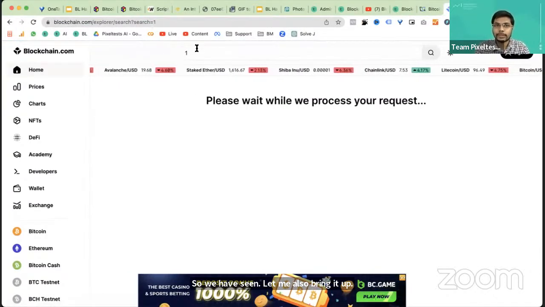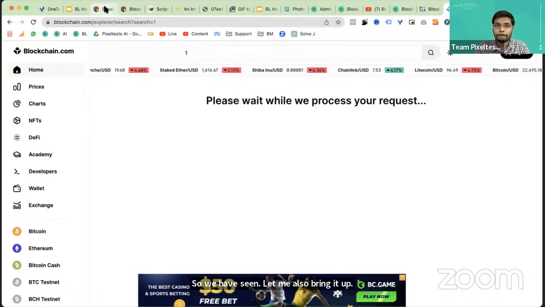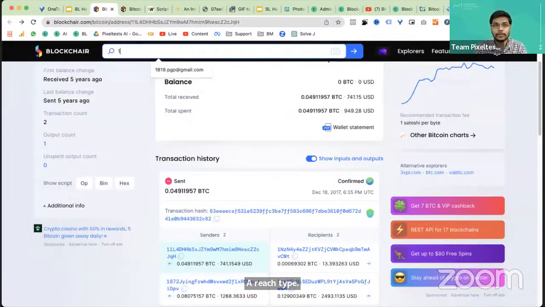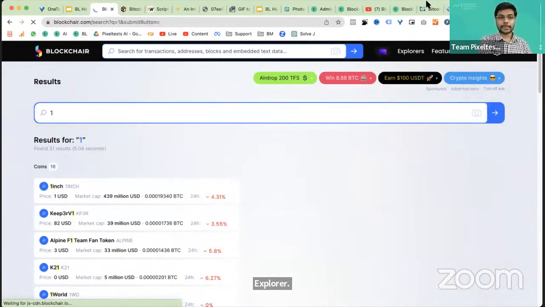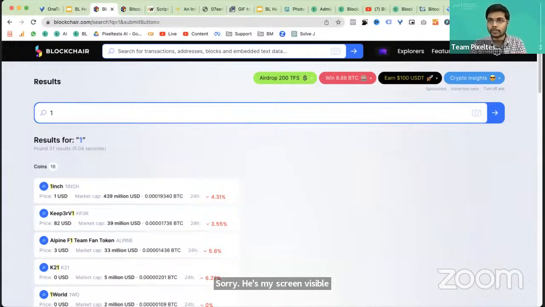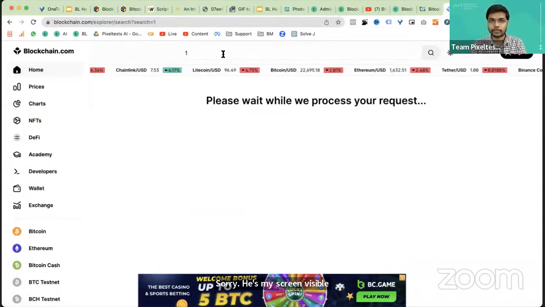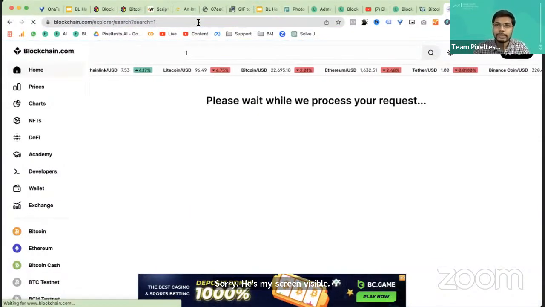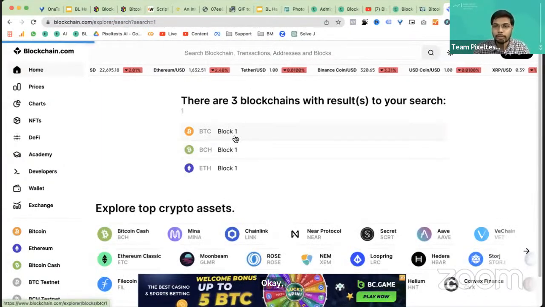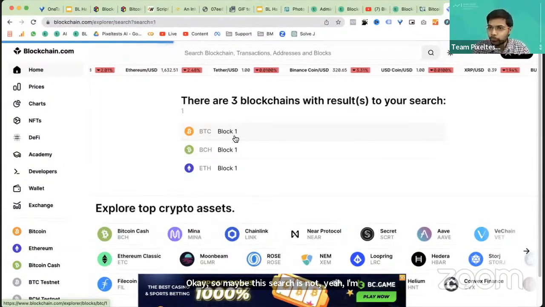Maybe I can use another Explorer. Sorry, is my screen visible? Okay, maybe the search is not working. Yeah, I've got it. Great, thank you.